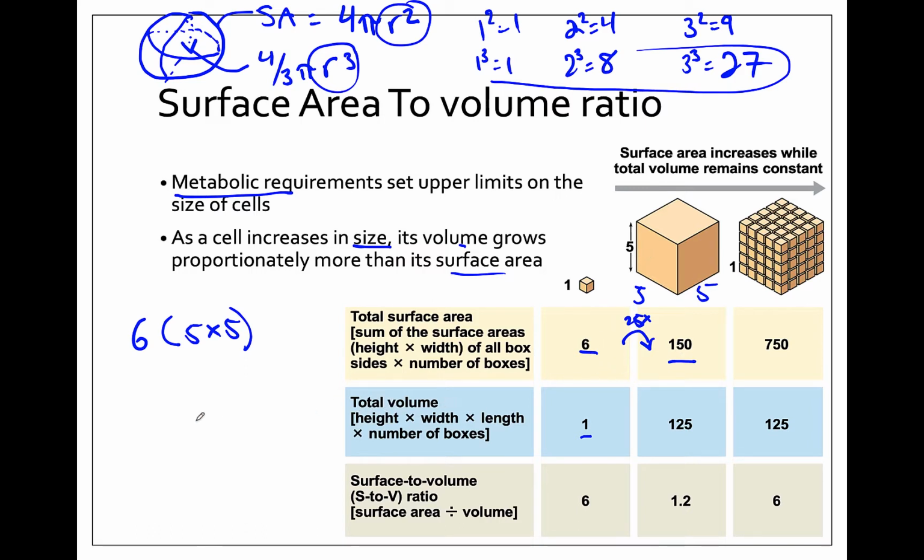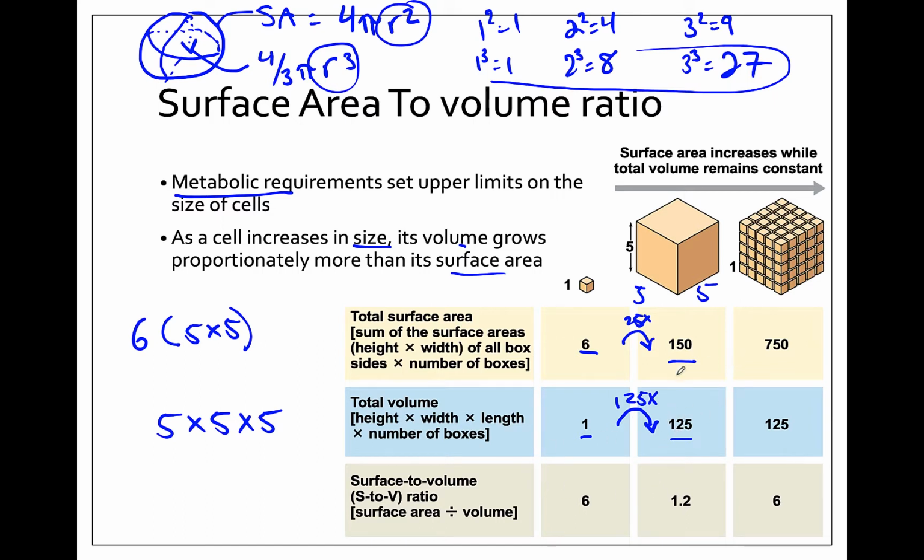The volume is going to increase even more. We've got 5 times 5 times 5, or 5 cubed, and so that's going to give us a value of 125. That is an increase of 125 times. So you can see how the surface area increased 25 times, but the volume increased much more than that, 125 times.